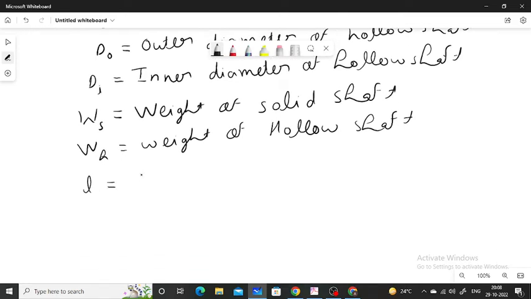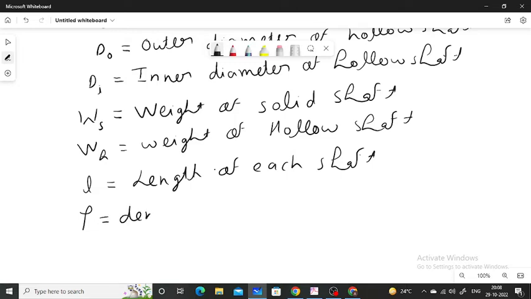L is the length of each shaft, and rho is the density of the material of each shaft.